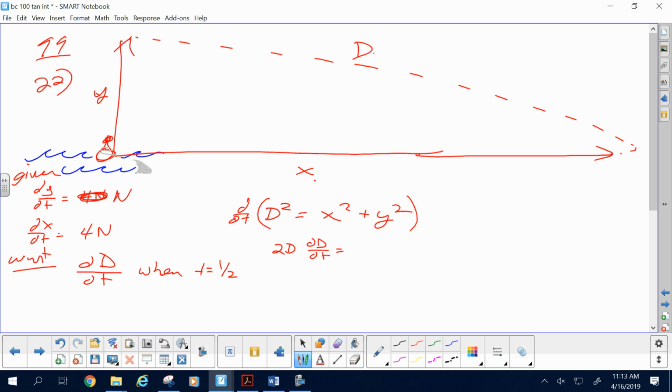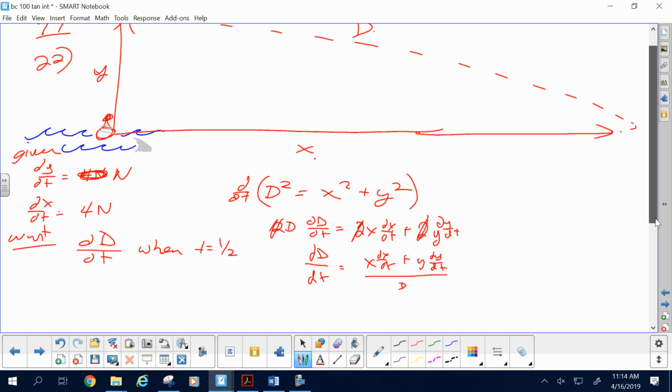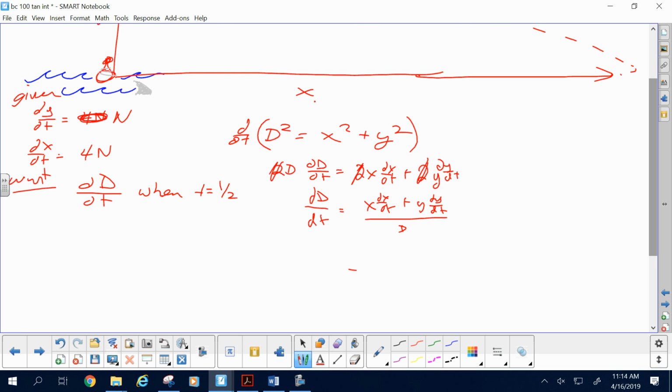What's the derivative of the right? 2x dx/dt plus 2y dy/dt. Do you agree that we could divide a 2 out of everything? dd/dt then is x dx/dt plus y dy/dt over d. Now we just have to plug in the instant they talk about. They say what's going on a half an hour later.